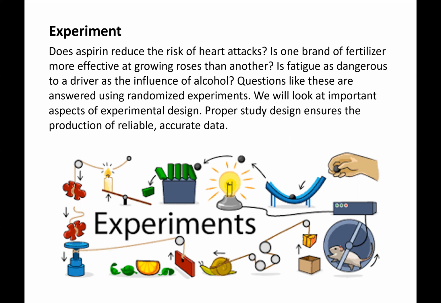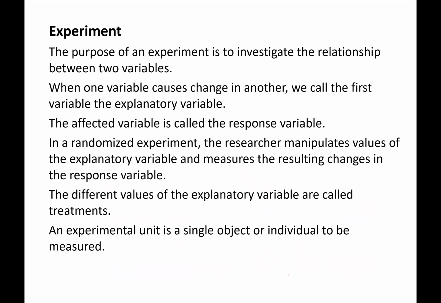We will look at important aspects of experimental design. Proper study design ensures the production of reliable, accurate data. The purpose of an experiment is to investigate the relationship between 2 variables. When one variable causes change in another, we call the first variable the explanatory variable.